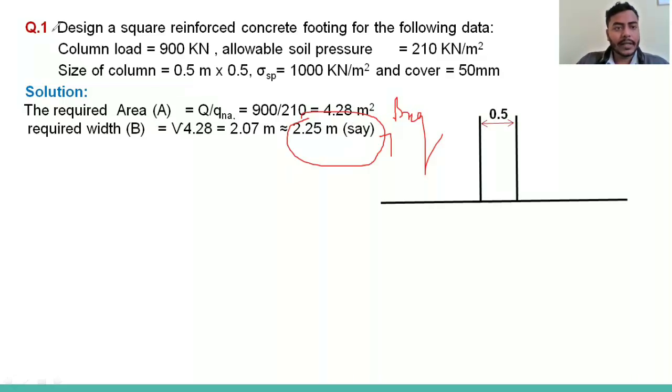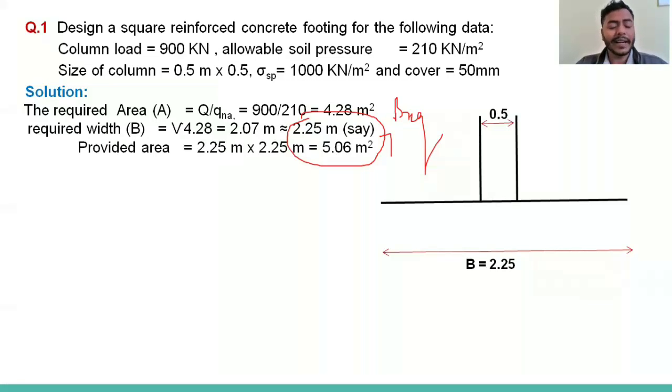So now we have to calculate what is the actual width. So we have to calculate the actual provided area. So we have provided 2.25. So area we can calculate by taking the square of this 2.25. So that we get 5.06.